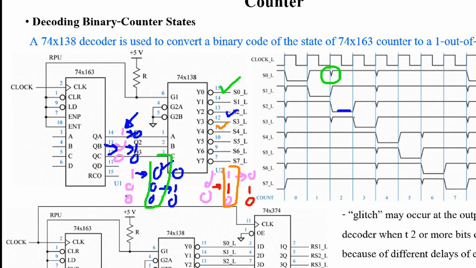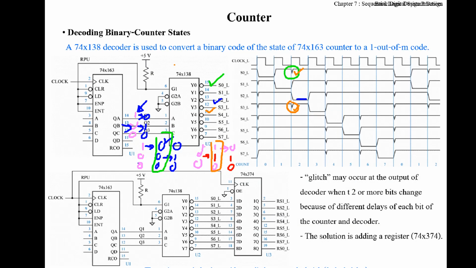So at this point in time there may be a glitch at this bit or this bit, Y0 or Y3, depending on which bit changes faster. Maybe it occurs.